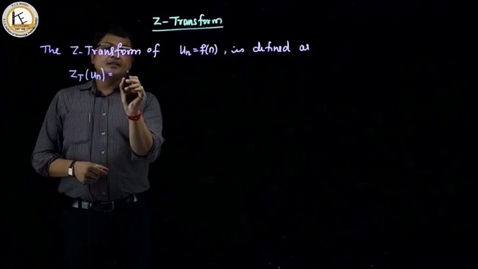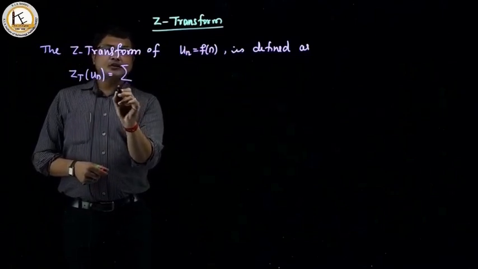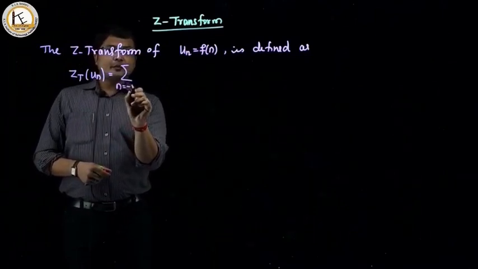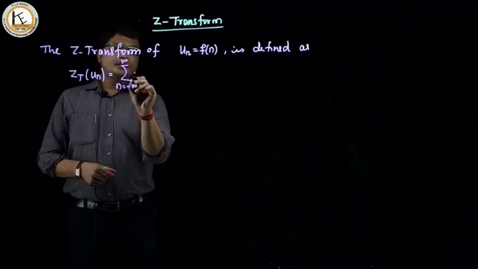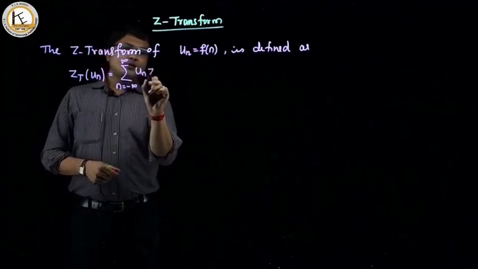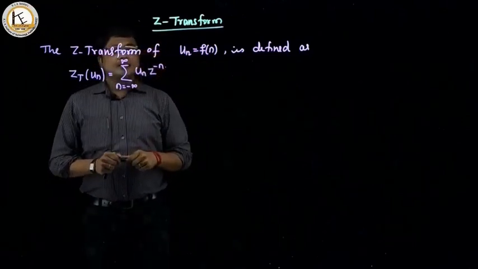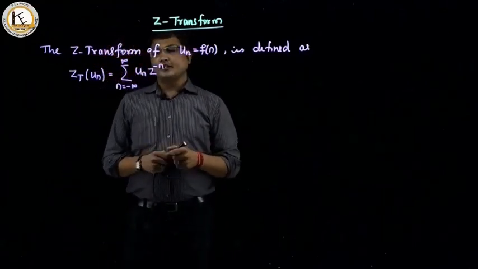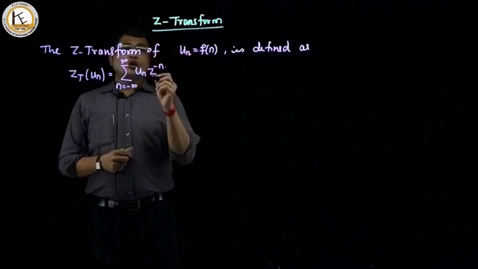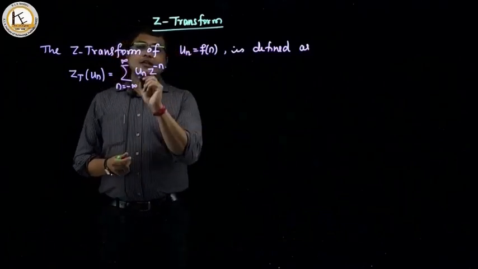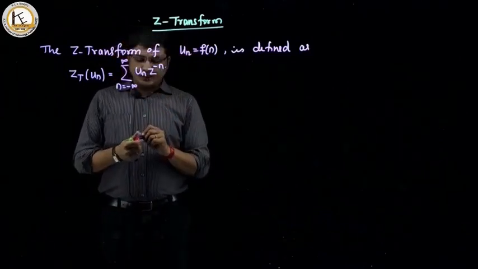We denote it as Z T of u_n, representing the Z transform of the function u_n. It is defined as the summation from n equal to minus infinity to plus infinity of u_n into z raised to minus n, where n is a positive integer.